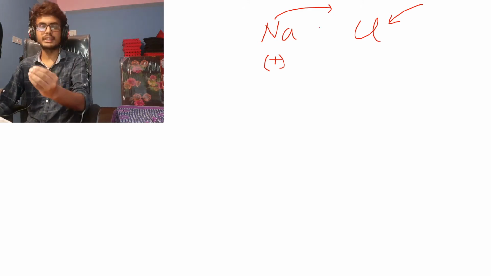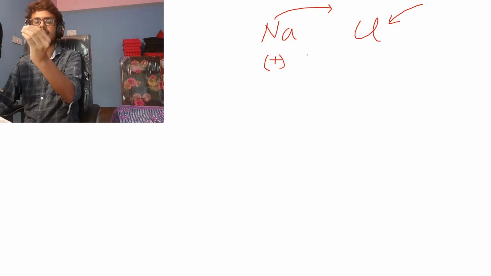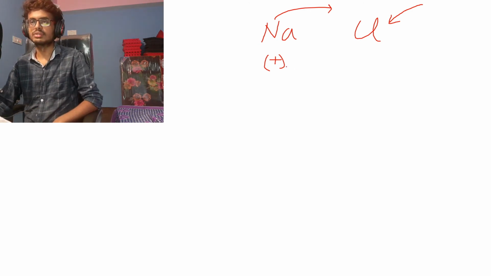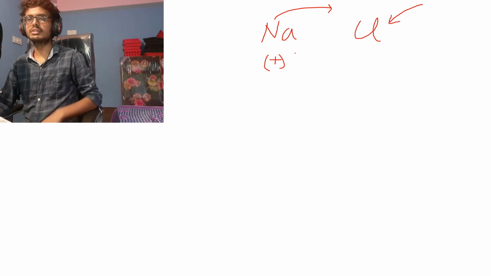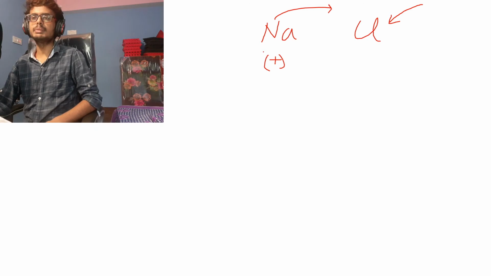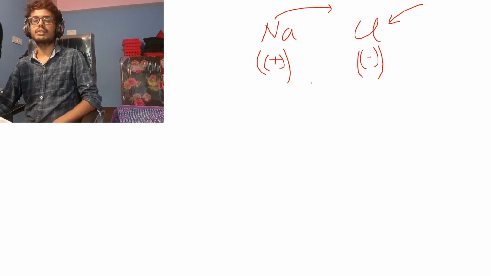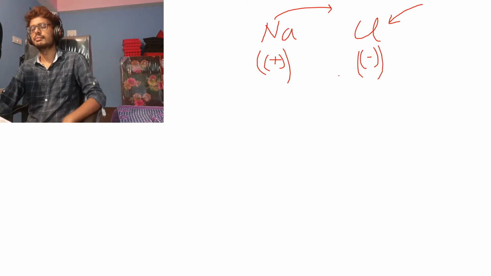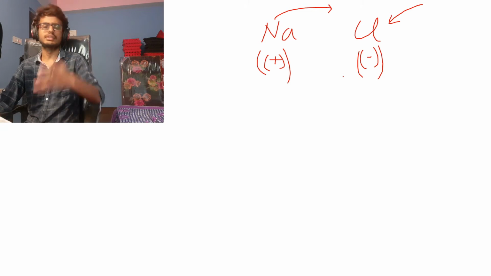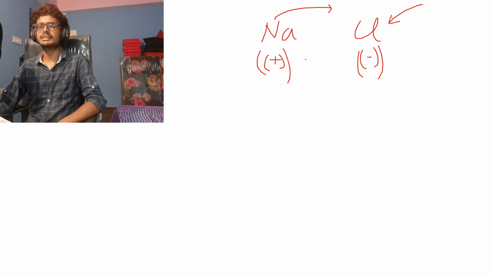My first thing when I told you: metal is anything that can donate electrons. So if something can donate electrons to something else, it will obviously be positive, right? It will have fewer electrons. And if something can accept electrons, it will obviously be negative. So this is the way you understand positive and negative in chemistry. There's no other way. If you like, you can remember in other ways, but this is the conceptual way to remember things.